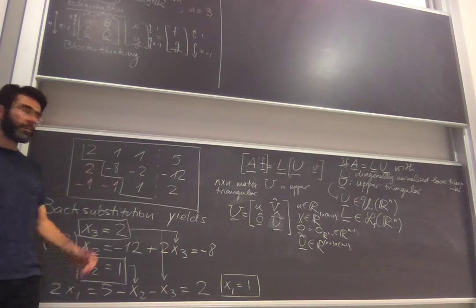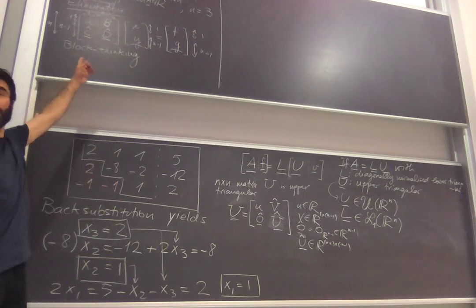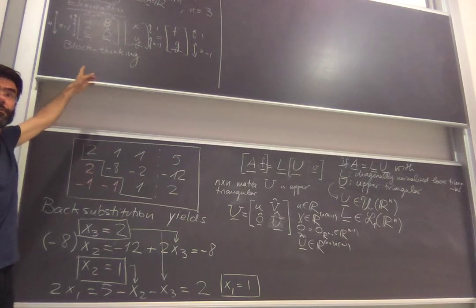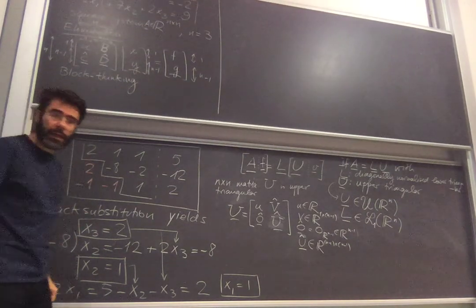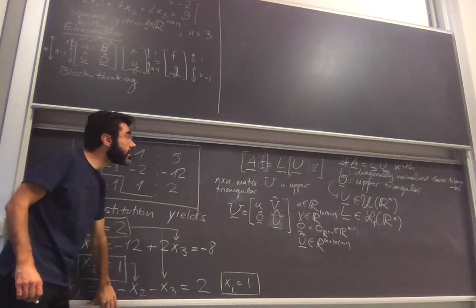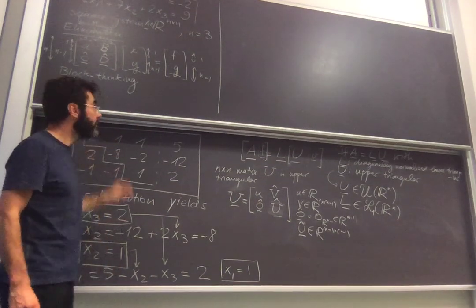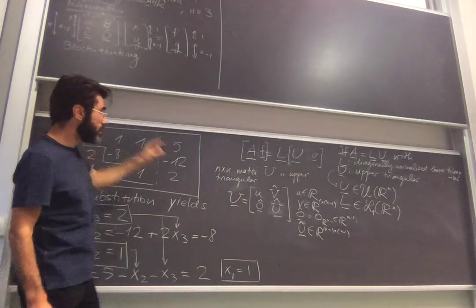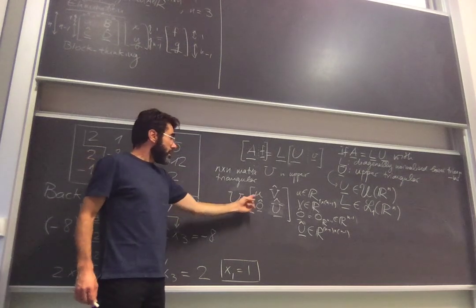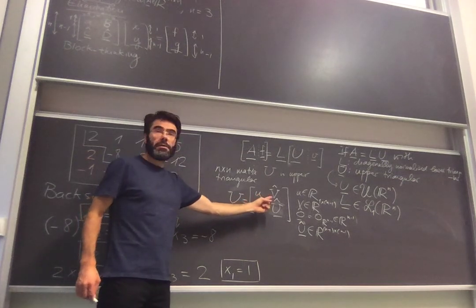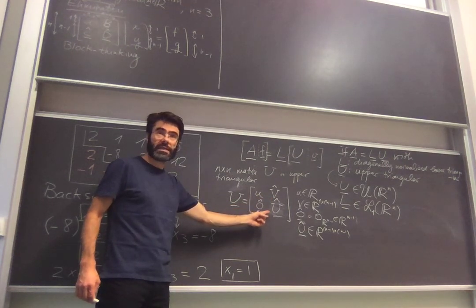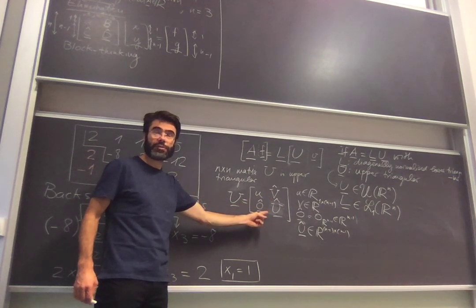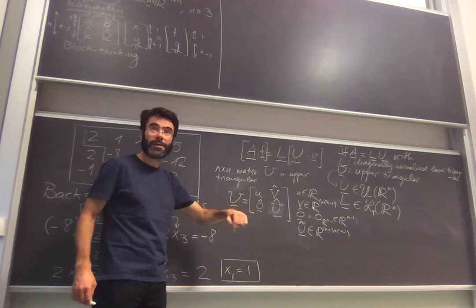Okay? So I'm doing just the same procedure I did at the beginning of the lecture, of breaking down a matrix into blocks, okay? And these blocks here, this is any scalar, this is any row, whereas this one here has to satisfy a further property. It has to be itself upper triangular.